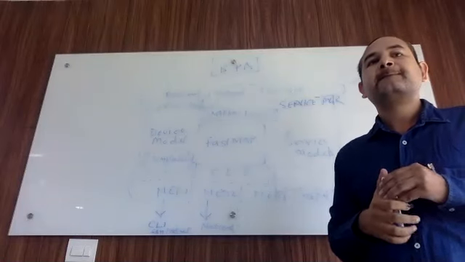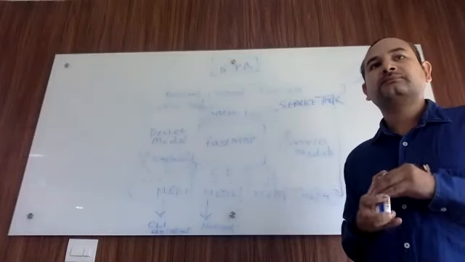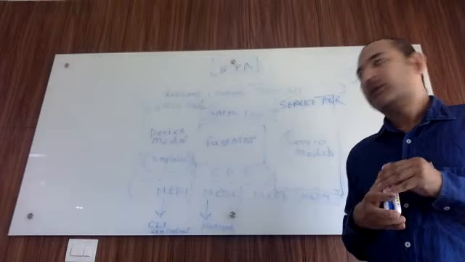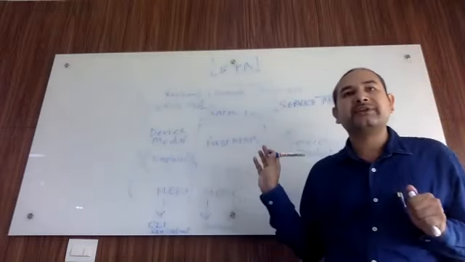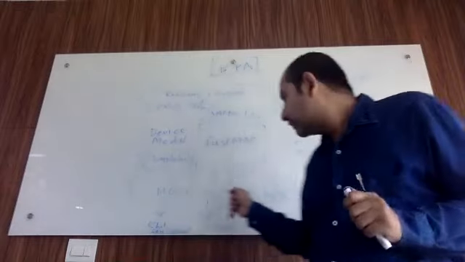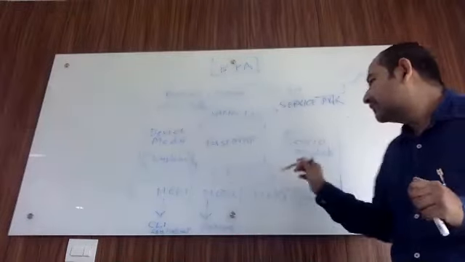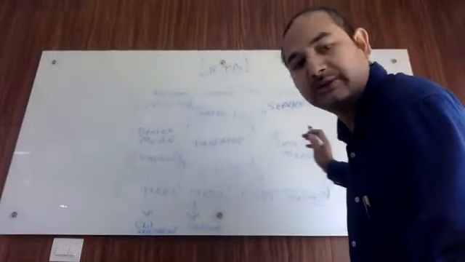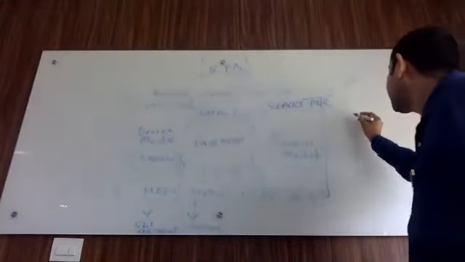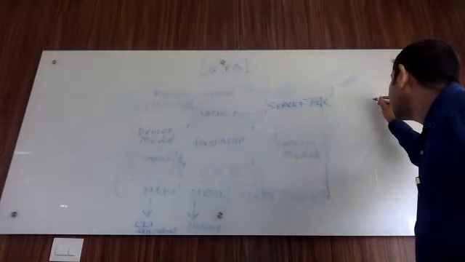So what configuration do you save in CDB? CDB has both device and service configurations. Both are saved here in CDB. The CDB architecture is something like this. CDB has a tree kind of architecture.